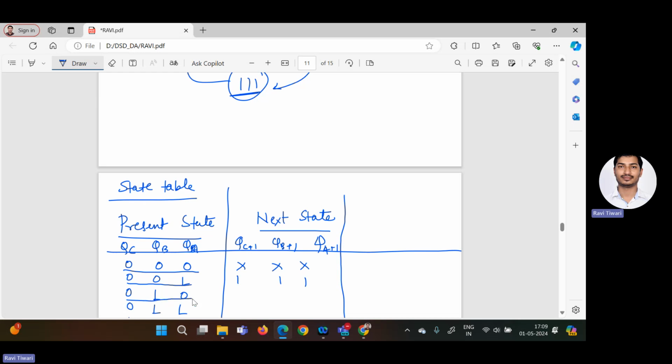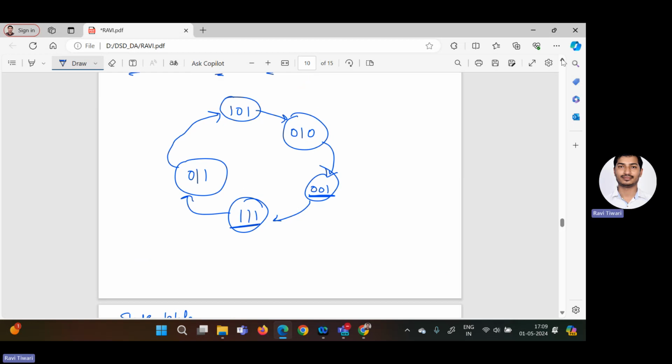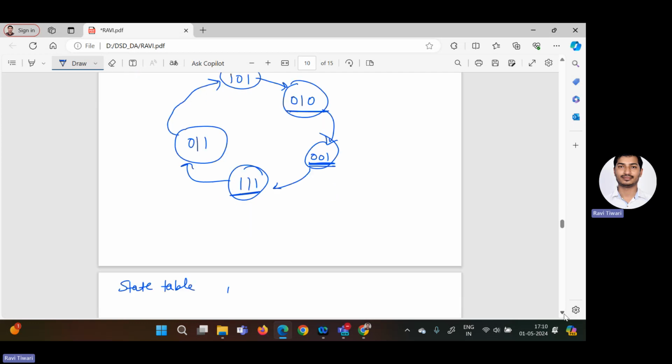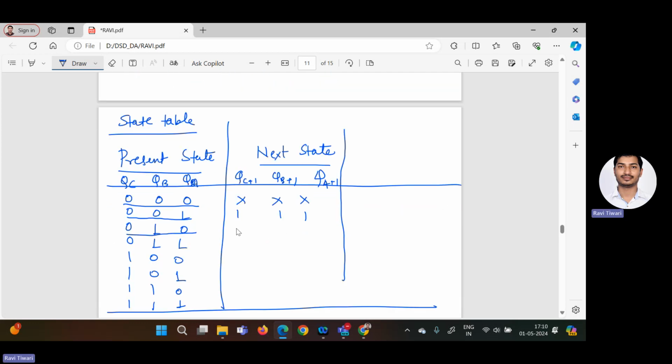Now if you are in state 0, 1, 0, then the next state will be 0, 0, 1. You write down 0, 0, 1 here. Clear?